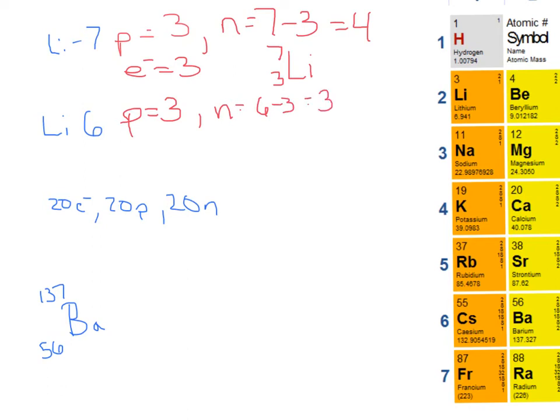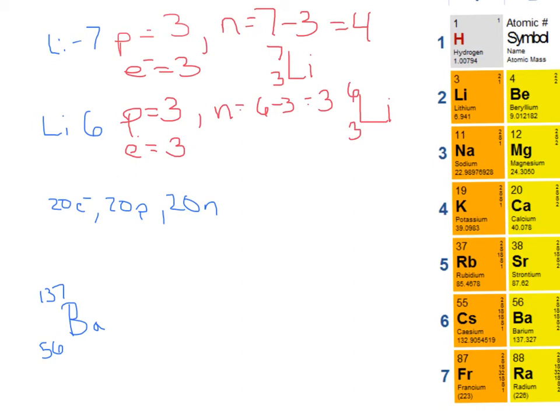So this one has 3 neutrons as well. And for the same reasons that the first lithium had 3 electrons, the neutral lithium-6 is going to have 3 electrons as well. And then the difference for its atomic notation is going to be Li with mass number 6 and atomic number 3.